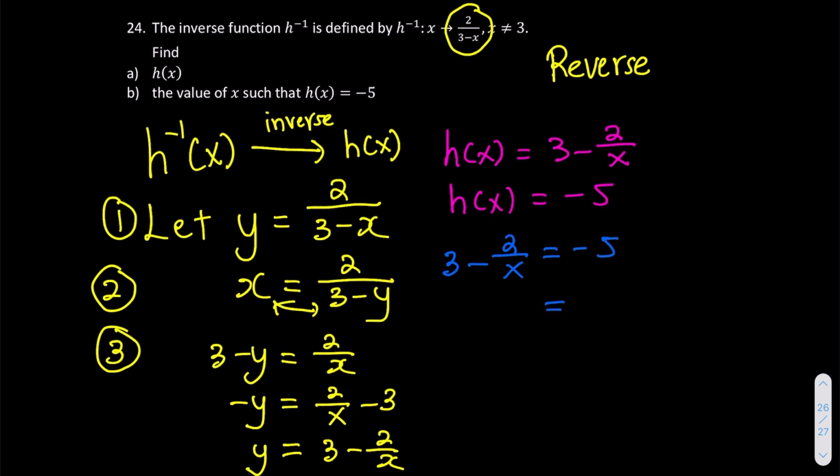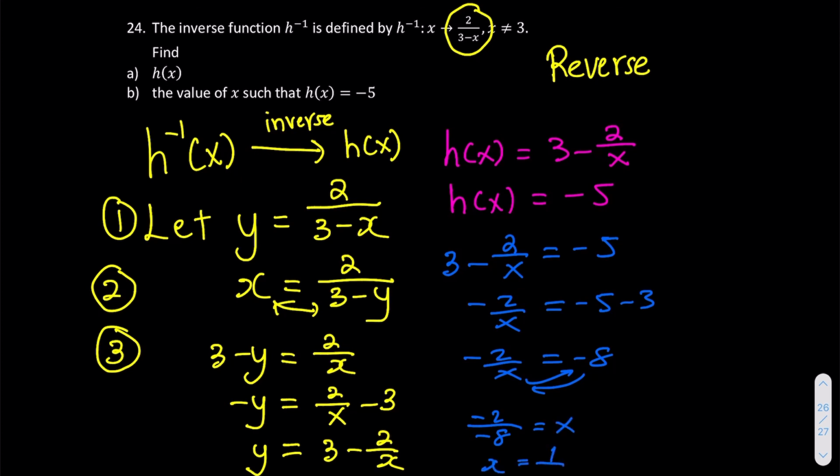We move 3 over there, it becomes minus 3. Then after that we have negative 2 over x is equal to negative 8. And we're going to change the place of this thing. So we have negative 2 over negative 8 is equivalent to x. So x is just negative 2 divided by negative 8, which is 1 over 4.